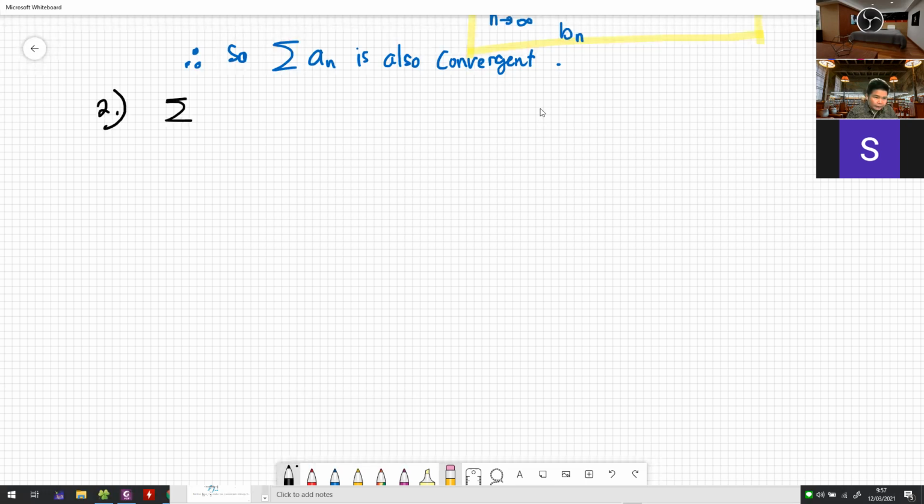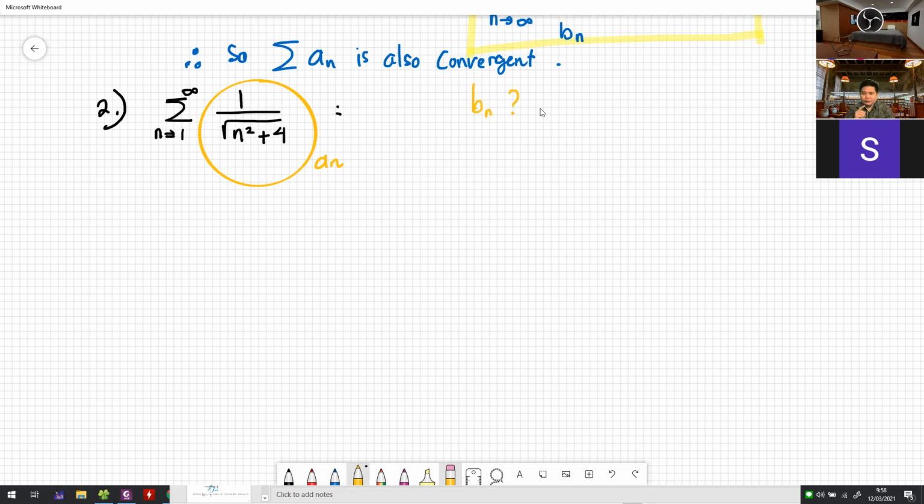The second example is: check the convergence of the following series, 1 over the square root of n squared plus 4, from n equals 1 to infinity. Let's say this is actually an. What is the bn?